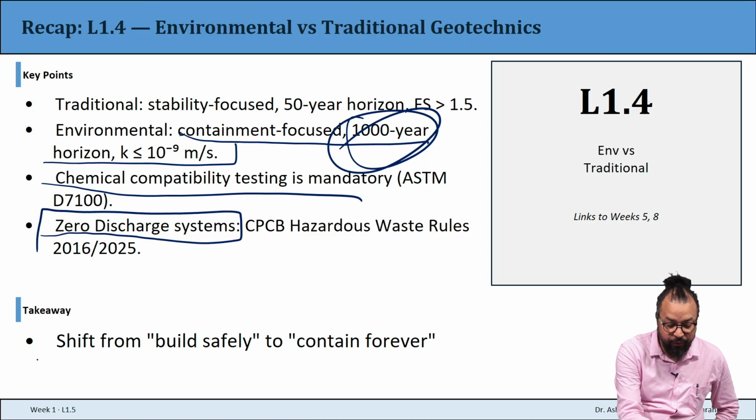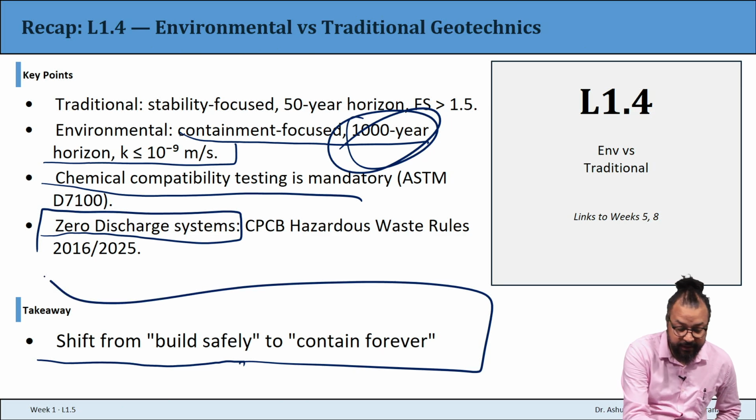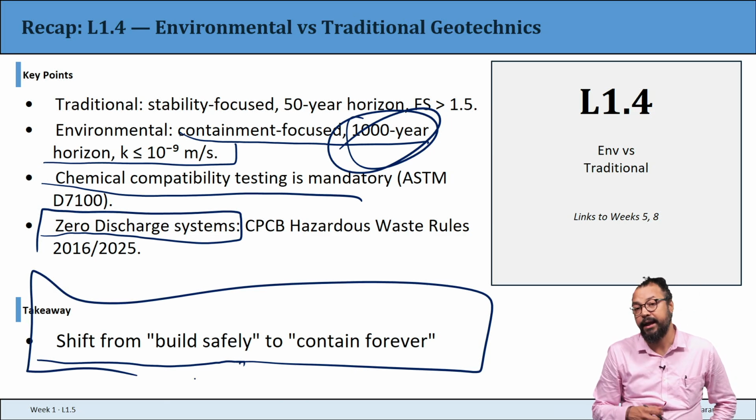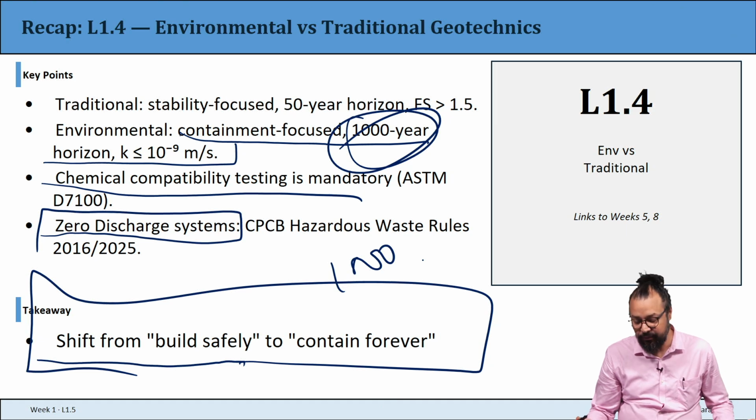Furthermore, you also want to cover these landfills so that there is no water seeping through the waste. So, we have shifted to building safely to contain the contaminants forever, and 1000 years is forever.